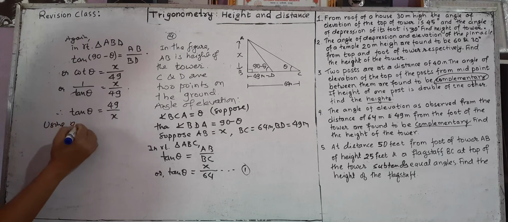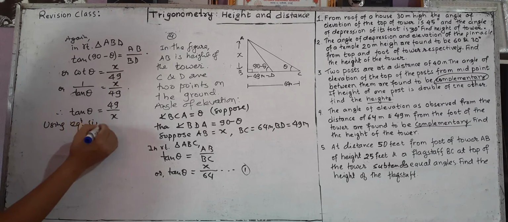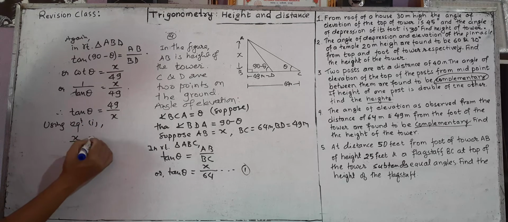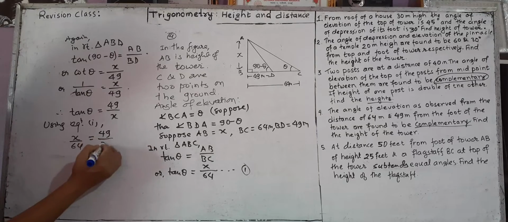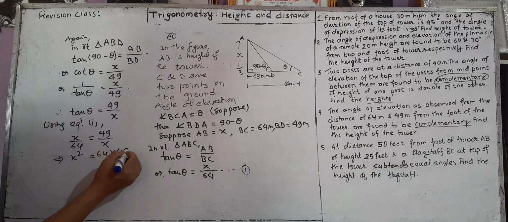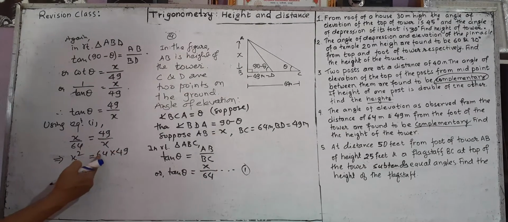So now using equation I, we get x by 64 equals 49 by x, and this implies that x squared equals 64 into 49. Okay, 64 is a square quantity, 49 is also a square quantity.